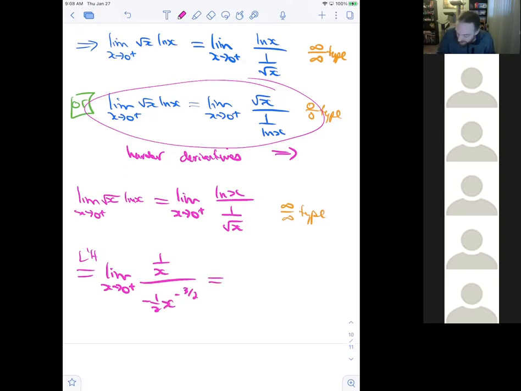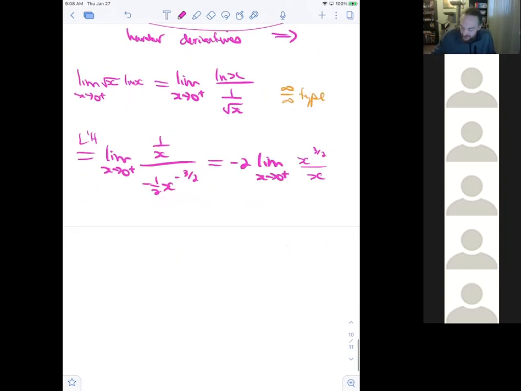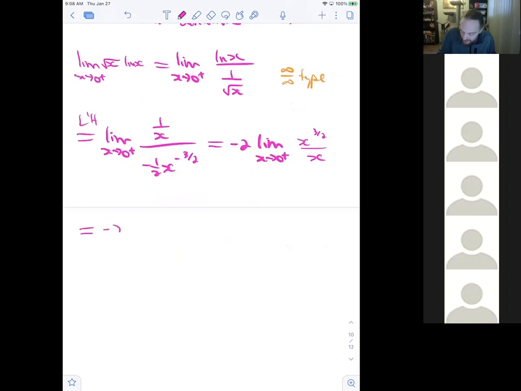When I clean this up, I'm going to write this as -2 times the limit as x approaches 0 plus of x to the 3 over 2 over x. The 1 over x goes to the bottom, and the negative I bring to the top of the exponent. This is equal to -2 times the limit as x approaches 0 plus of root x, which is -2 times root 0, which is 0.